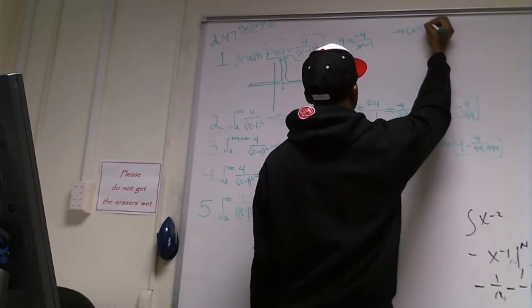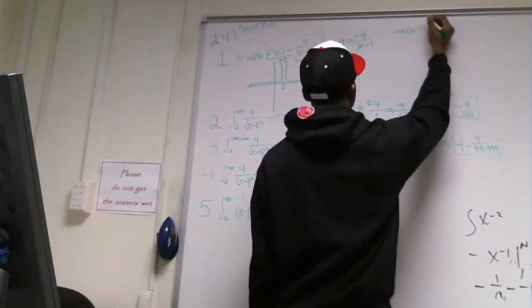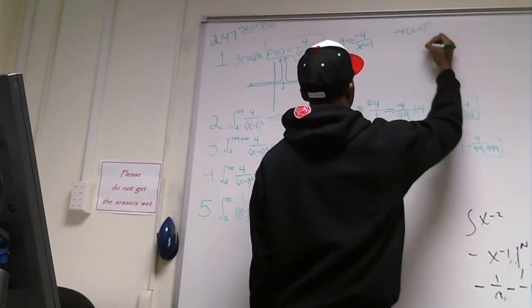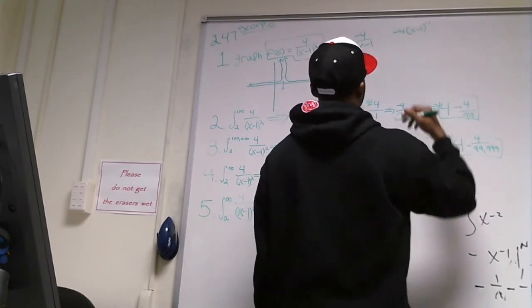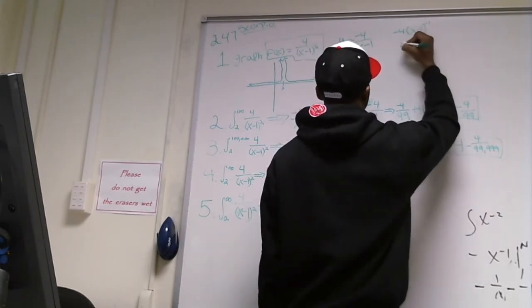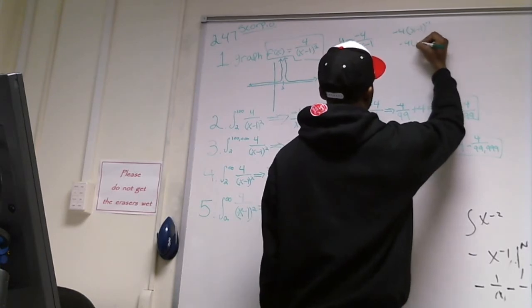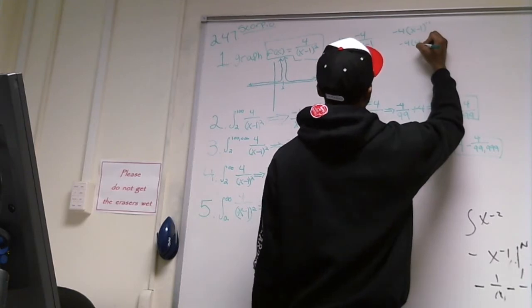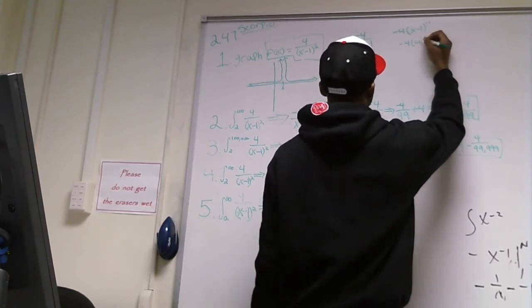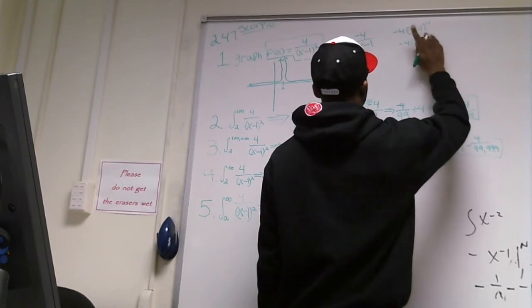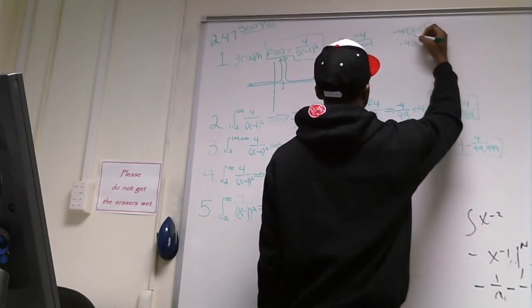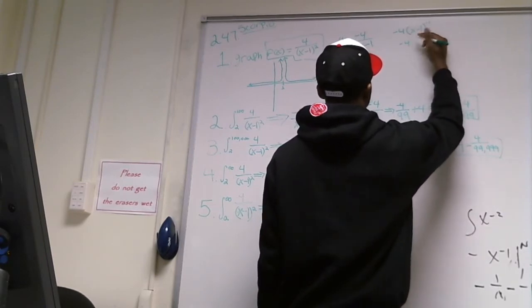Yep, to the negative 1, right? All right. Now take the derivative. What do you get? Negative 4 times the negative 1, right?